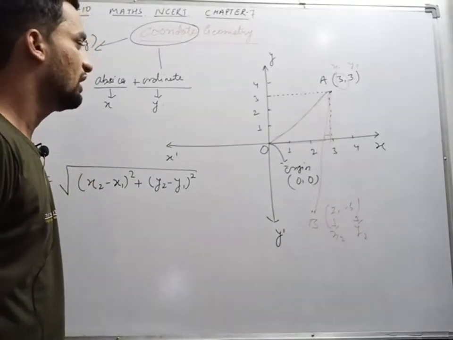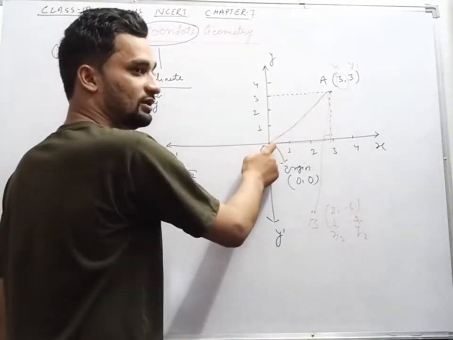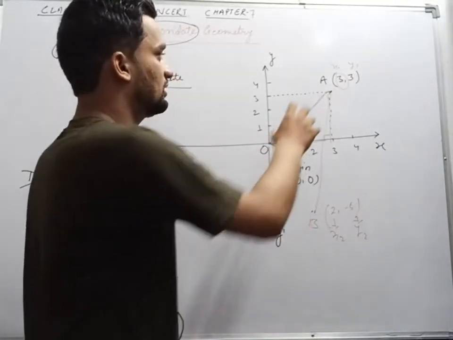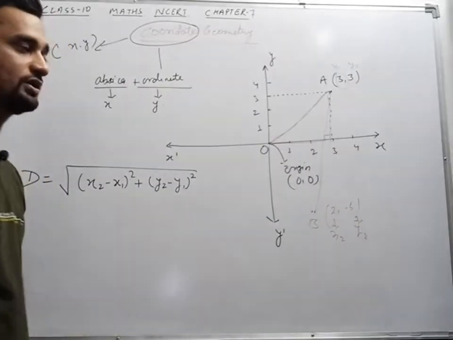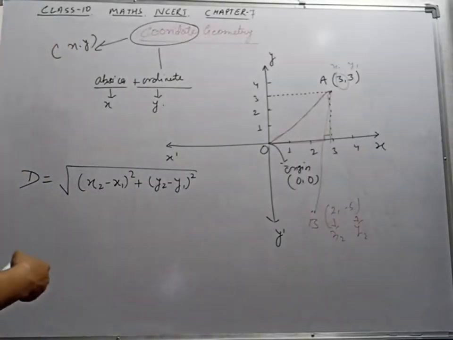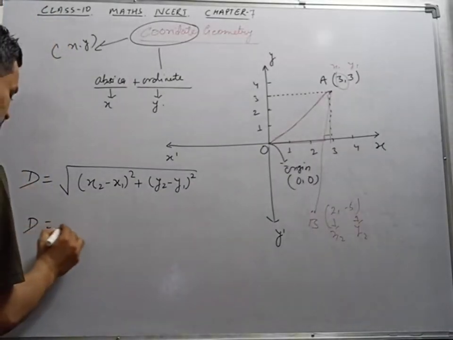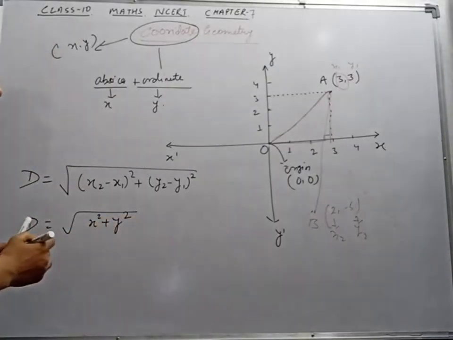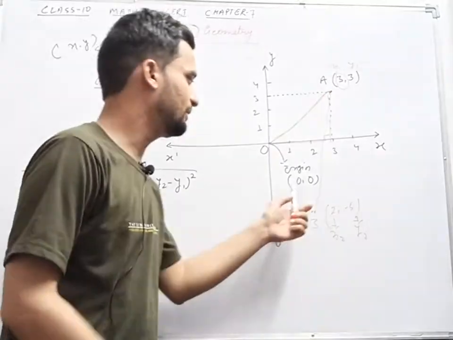And one more thing: if one point is located at the origin and the other point is in any quadrant, in that case the distance will be root of x square plus y square, because the origin is 0, 0.